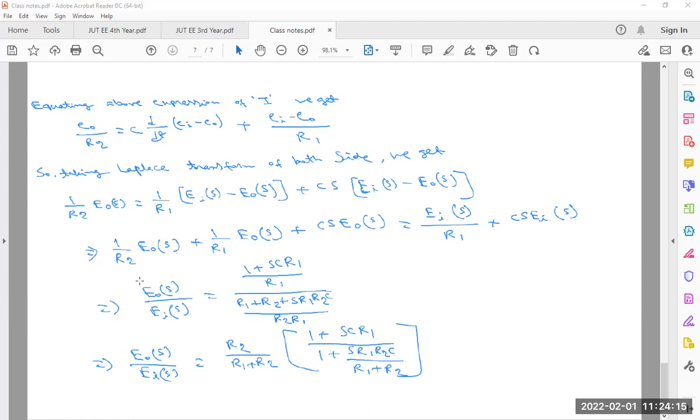Then we have to calculate it. This is the output of the system by the input of the system. This is the total calculation we discovered in our last class. So this is basically the last equation.